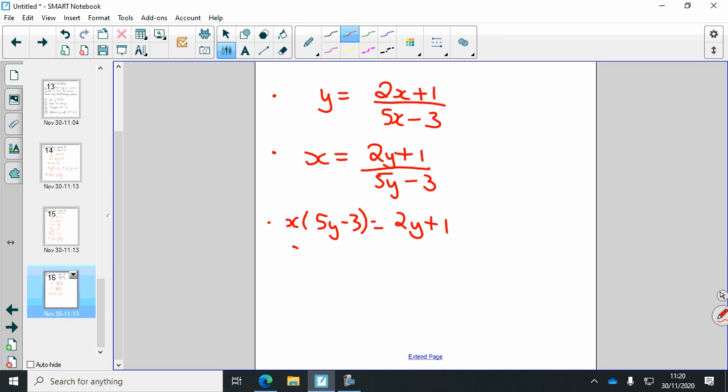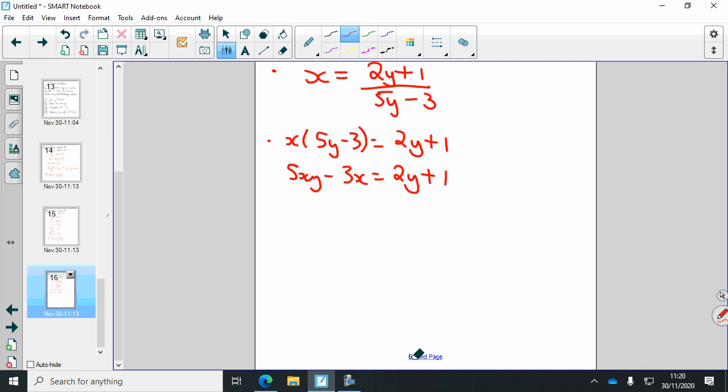So that's going to say 5xy minus 3x equals 2y plus 1. We now need to unpick all the y's from there, which means we need to get the y's on the same side. So I'm going to bring across from the right-hand side the 2y. So it's going to say 5xy minus 3x minus 2y is equal to 1.